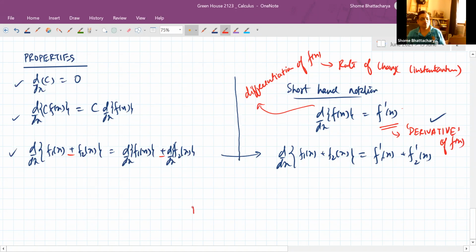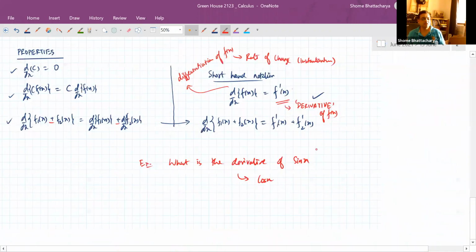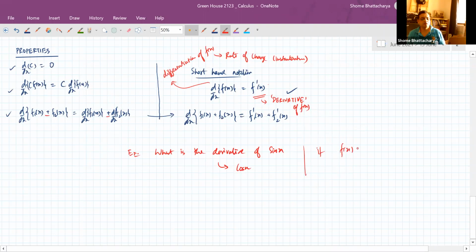of f x. So for example, if I ask you what is the derivative of, let's say, sin x, so you know the answer to that it is cos x, because the differentiation of sin x is cos x. So basically what this means is that if I'm taking a function as sin x, then the differentiation of the function, which I can write in short form as f prime of x, is nothing but differentiation of sin x, or cos x.